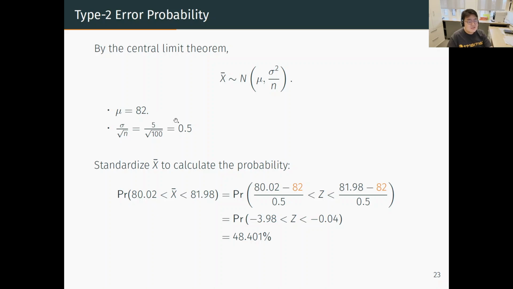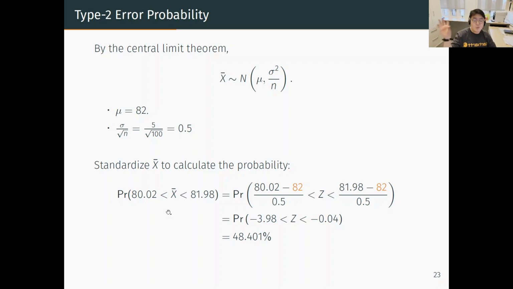This affects your standardization, right? So we are calculating this probability, and you have to standardize X bar, but when you standardize, you have to use the parameters like this. 82 appears here and here, so you get different numbers. It's not plus minus 1.96, right? That's because when you calculated the critical values, you assumed the null hypothesis is true.